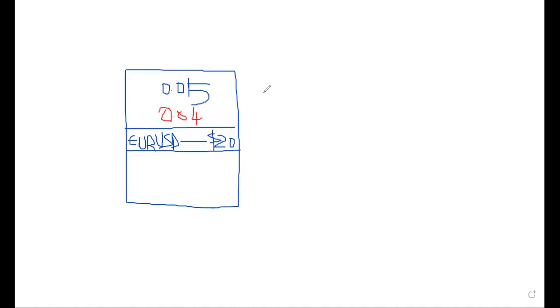Once you reduce this to 0.04, it means that if you take 0.04 from this lot size, you are going to be left with what? $16. So at the bottom, you see something like close with profit.